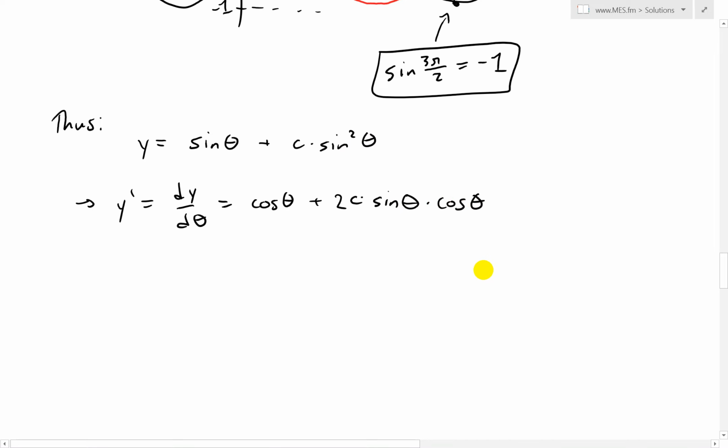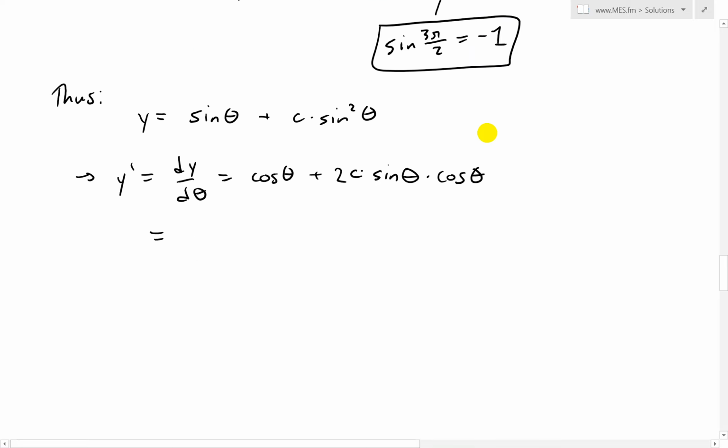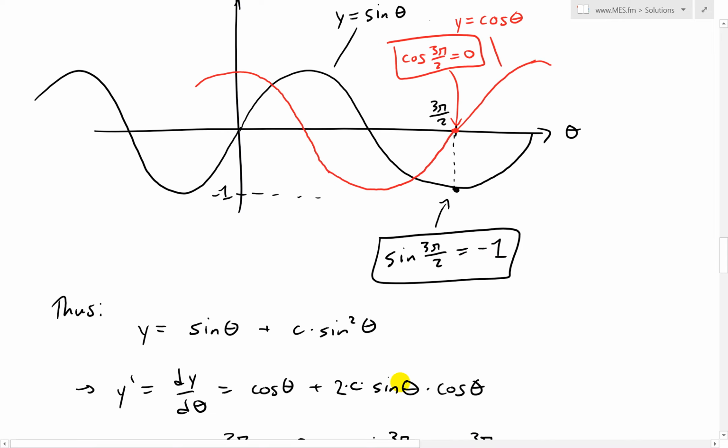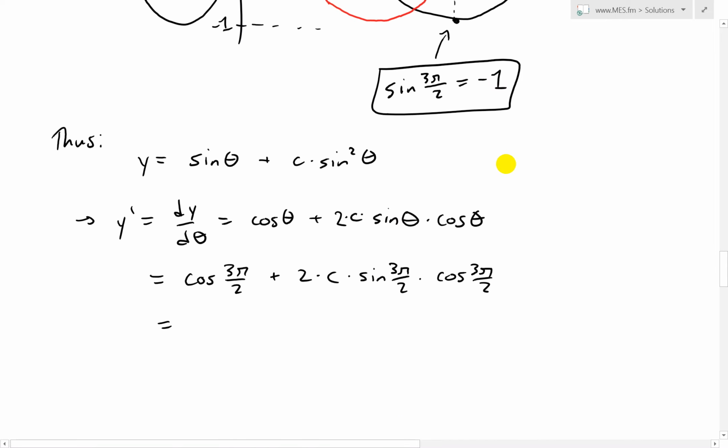Now we could simplify it. My calculus book just simplifies it, but I'd rather plug in our known values. So we plug in cosine 3 pi over 2 plus 2 times c times sine 3 pi over 2 times cosine 3 pi over 2. Remember, cosine 3 pi over 2 is just 0.